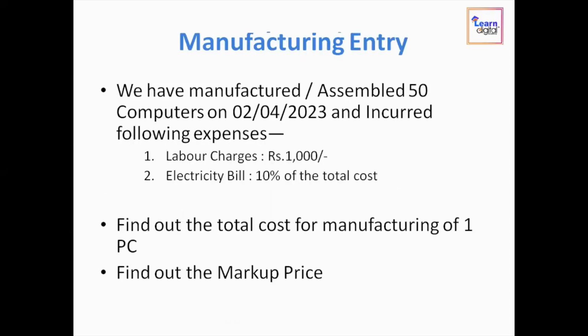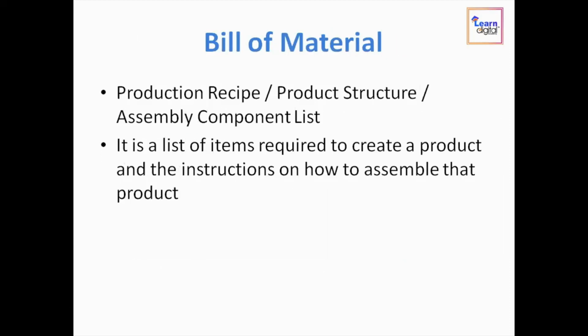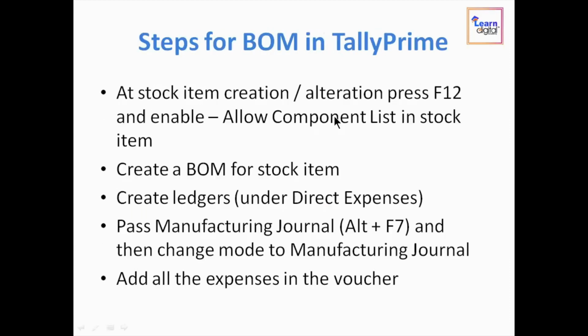So this is what the BOM, bill of material, is. It is the recipe or the product structure or assembly of the component list used for producing the final product. And for that, we need to alter the finished product with the configuration where we can enter the list of components used for producing that finished product.